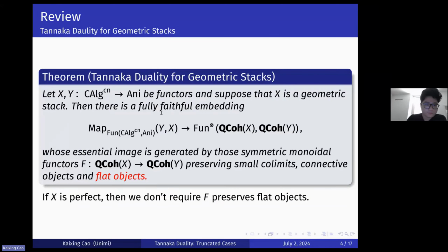So first, let's recall the Tannaka duality for geometric stacks.